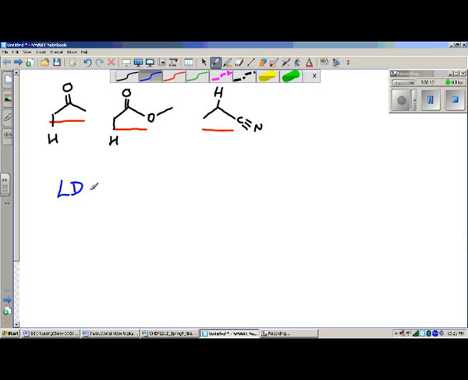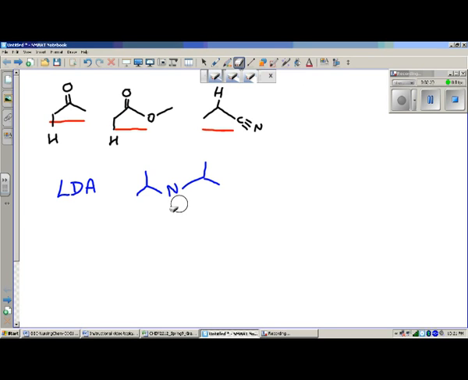We use a much stronger base called LDA, lithium diisopropylamide. I mentioned in class it's kind of a misnomer because it's not really an amide at all. If anything, it's the conjugate base of an amine with a lithium plus here.